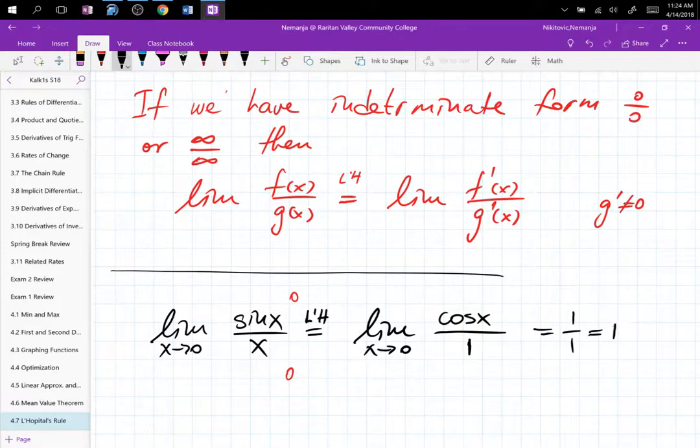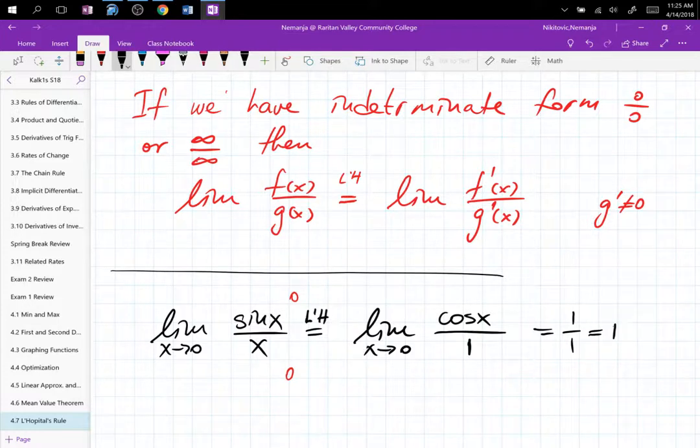So what do we have? We have a problem which we need to solve. We try to solve that problem by the most basic idea of solving limits, which is just plug in the number. If we get 0 divided by 0 or infinity divided by infinity, we are allowed to use L'Hopital's rule.